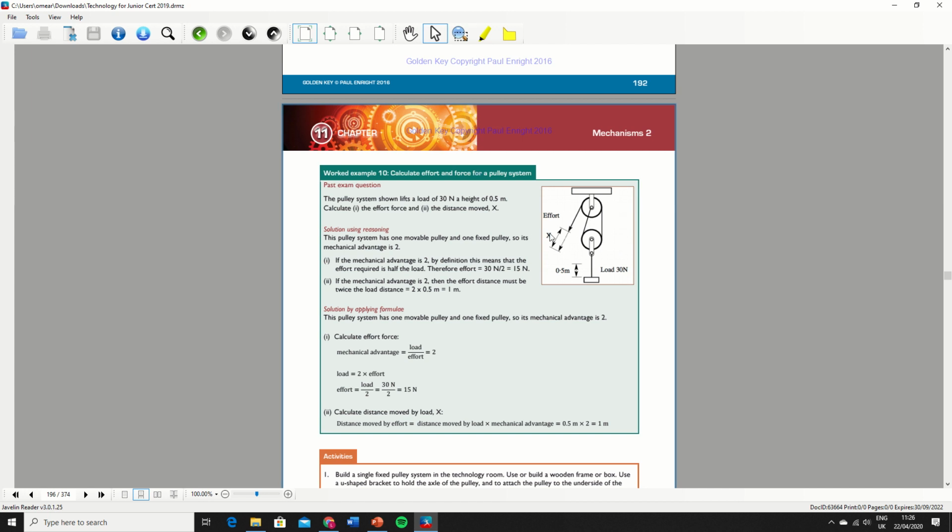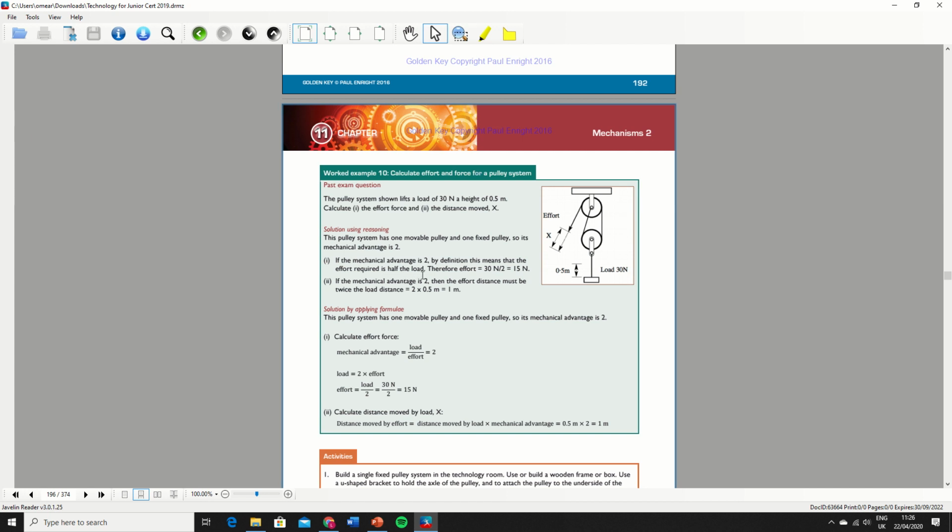So the mechanical advantage is 2. We already know that. How do we get that the mechanical advantage is 2? Because we just know that our pulley system has one movable pulley and one fixed pulley, so its mechanical advantage is 2. That's something we already know from learning it off. So if the mechanical advantage is 2, by definition, this means that the effort required is half the load.